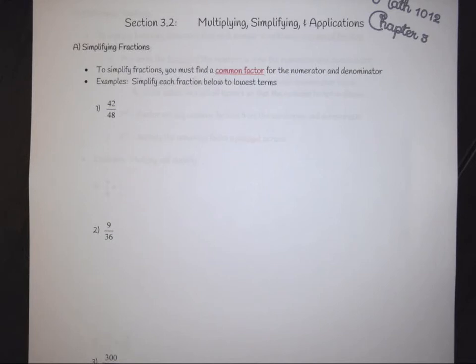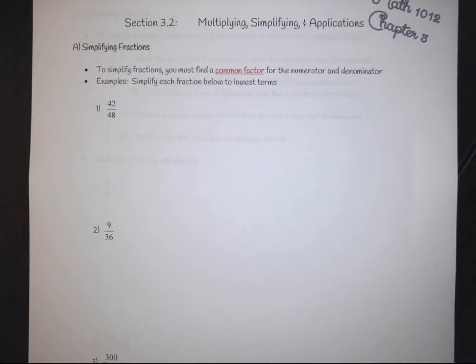The reason is that in math, we want the smallest possible answer you can come up with, and the way we achieve that is by reducing everything down as low as it can go. The smaller the numbers, the easier to work with, and that is one of the reasons why we do the whole simplifying game.